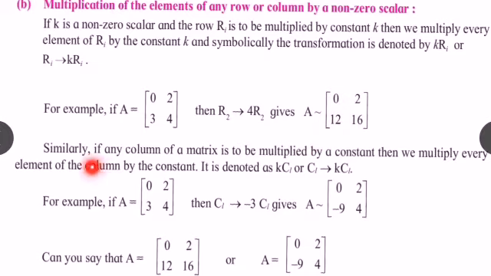Similarly, if any column of a matrix is to be multiplied by a constant, then we multiply every element of the column by the constant. It is denoted by kCi, or Ci implies k into Ci.